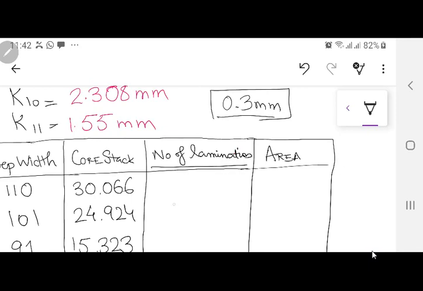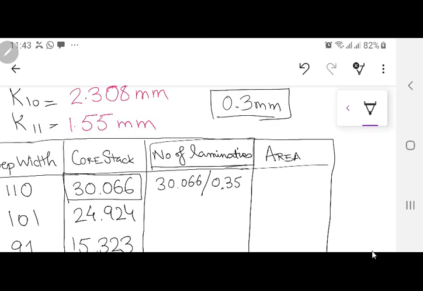So when I try to find the number of laminations, I am going to divide the core stack, which is 30.066, by something, supposedly 0.35. Now where is this 0.05 coming from? This 0.05 mm is the thickness of the lamination insulation.